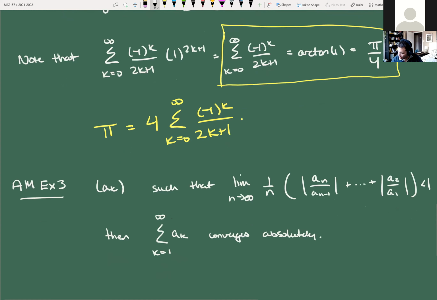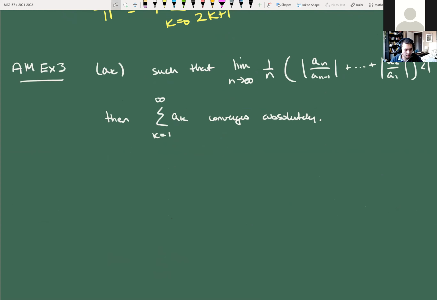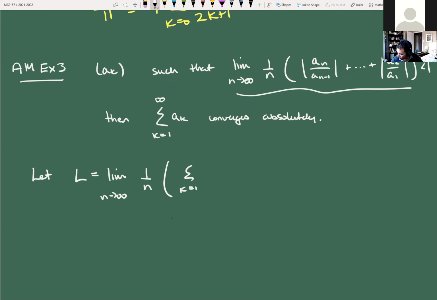Okay, so I'm not going to prove this, but I'll give you the big hint for it. If this thing converges, let L be the limit of this thing, the product from k equals 1 to n minus 1 of a_{k+1} over a_k.